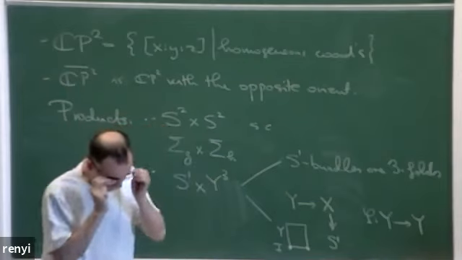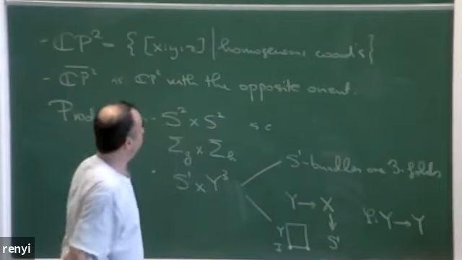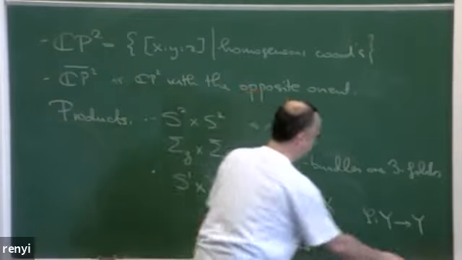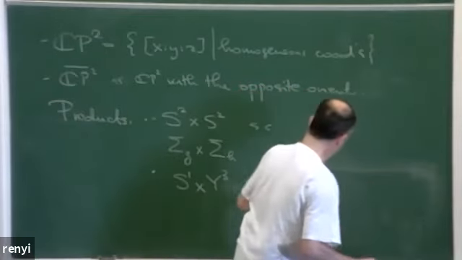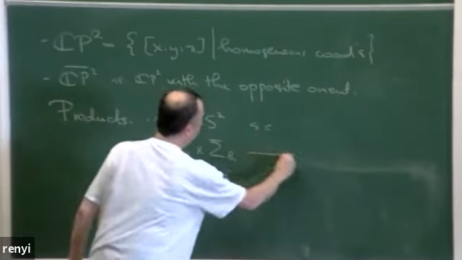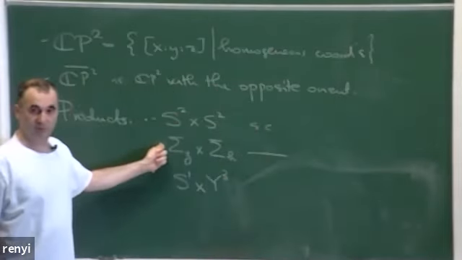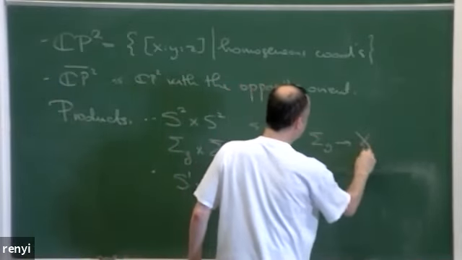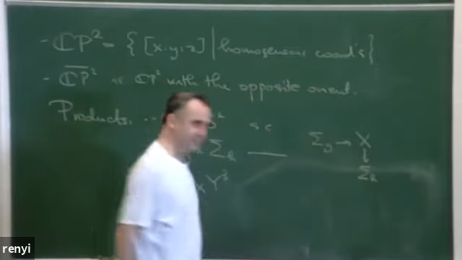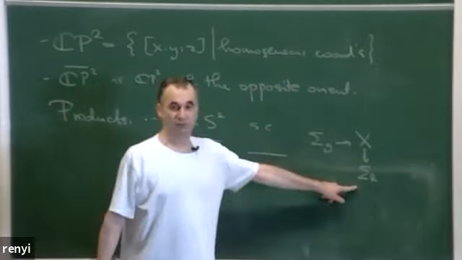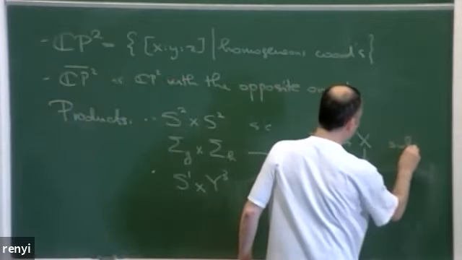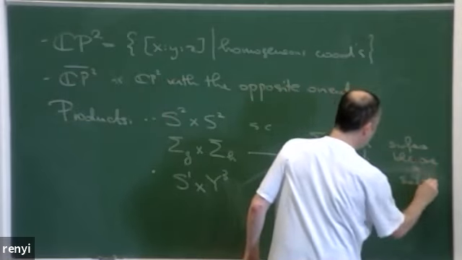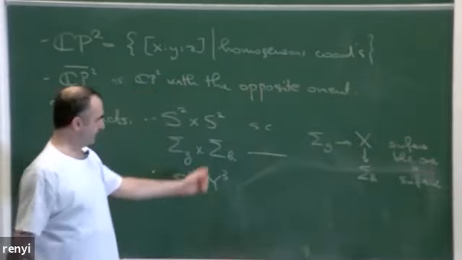Sorry, there was one other thing I wanted to say here: of course, we can generalize this fibration construction, and we can consider four-manifolds made out of two surfaces, where this is a surface bundle over a surface. And this is a much richer class than the product.